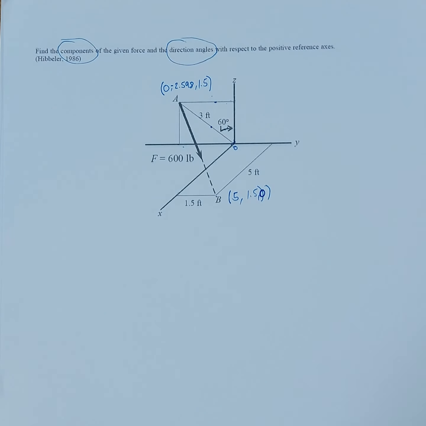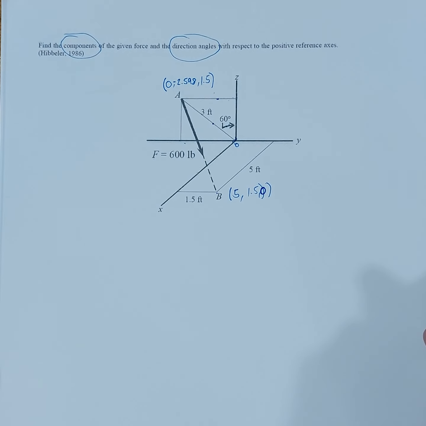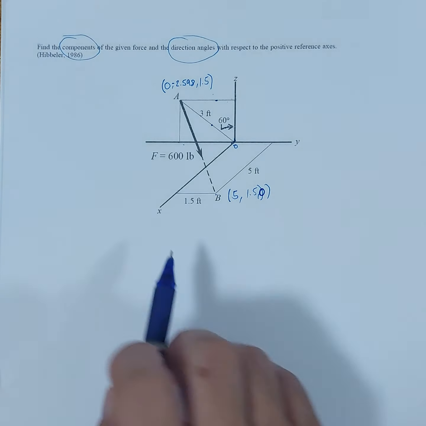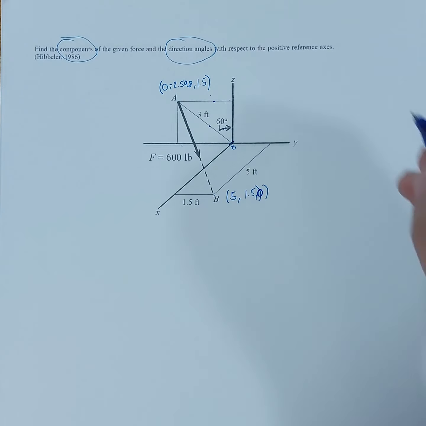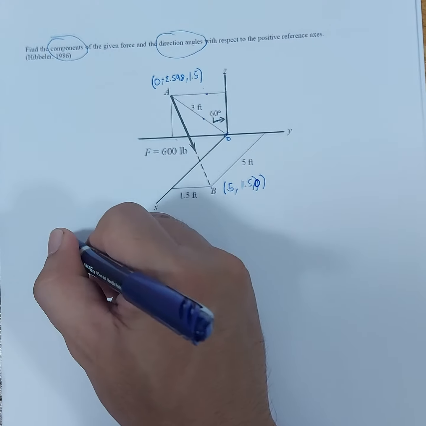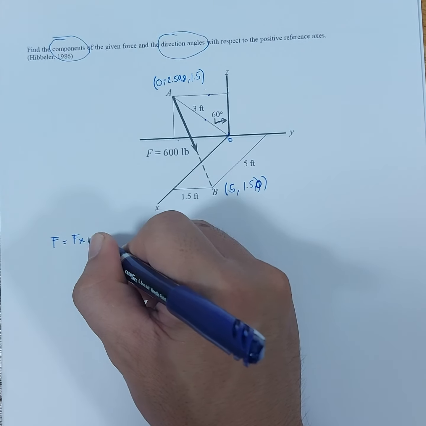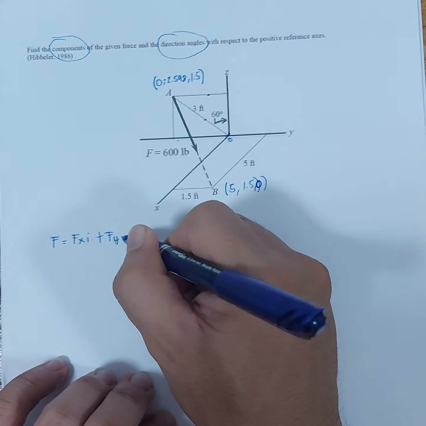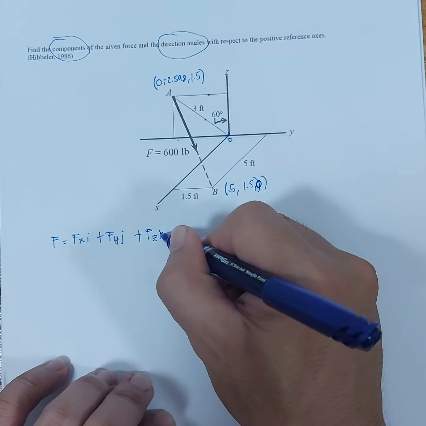Remember in our discussion in the first part, we can represent our force in its Cartesian vector form. So the Cartesian vector form of this force, F, is equal to Fx i plus Fy j plus Fz k.